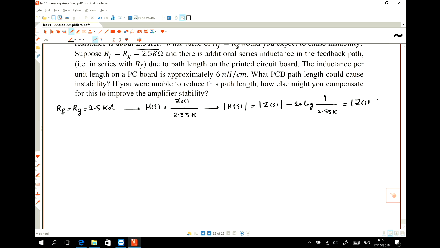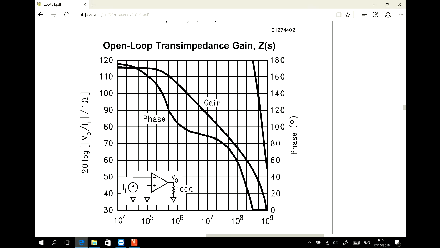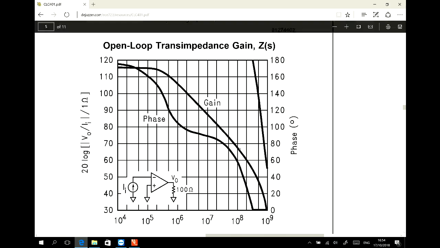ZS minus 68 dB. So if we look at the graph, 68, for example, is almost here, okay? And then at this point, what's the frequency? Bandwidth is around 100 megahertz, okay?